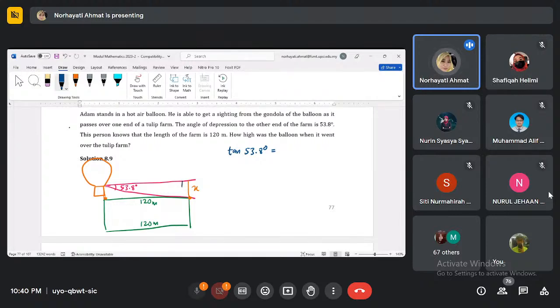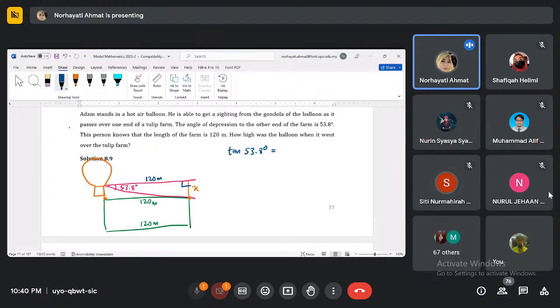Sudut tegak dia kat sini. So kita ada opposite and adjacent. Adjacent is 120 meter ni. Kita tahu maklumat-maklumat ni, just masukkan dalam function tangent.